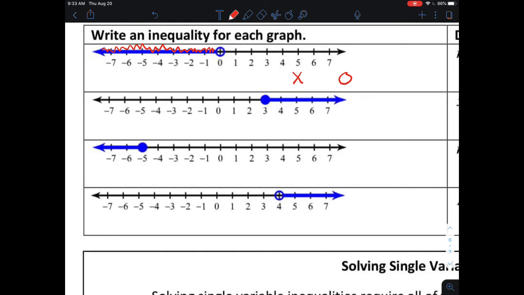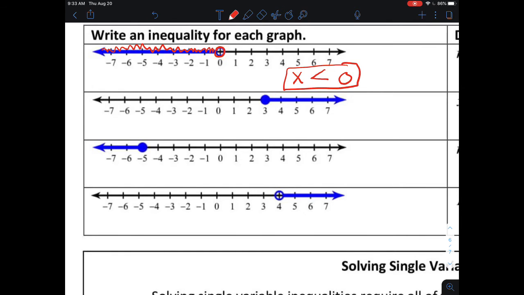Since x is smaller than 0, x has to be on the pointed side of the inequality, and 0 is towards the opening. The open circle at 0 means I cannot include 0. So this is our inequality.